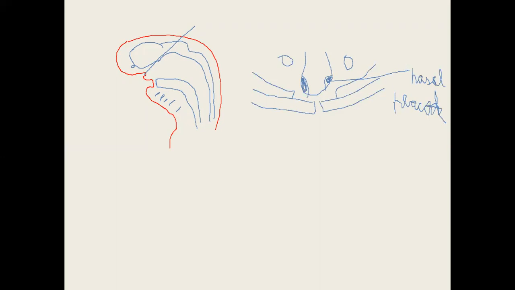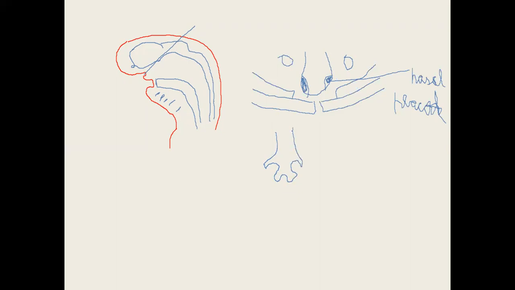Now, as these nasal placodes are formed, what happens next? The mesenchyme of the surrounding part of this eminence starts proliferating. So since the surrounding mesenchyme starts proliferating, it will turn this placode into a pit.